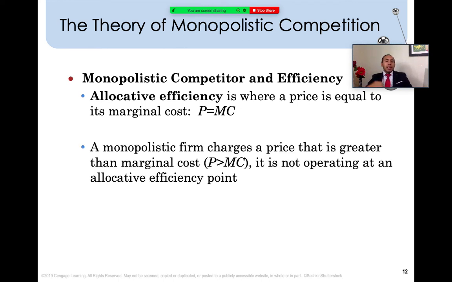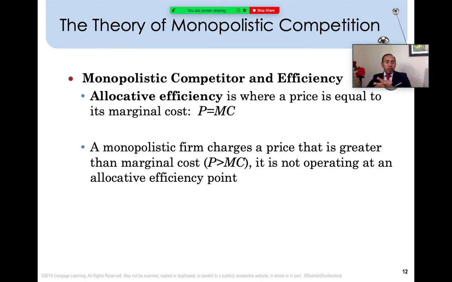When we're looking at this scenario, a monopolistically competitive firm would still charge a slightly higher price, greater than marginal costs, and is rarely ever operating at allocative efficiency. If it does, then the price will have to be lower. So if we were to apply the allocative efficiency factor, it means that the price the firm sets should be equivalent to the marginal cost per unit, which is relatively lower.